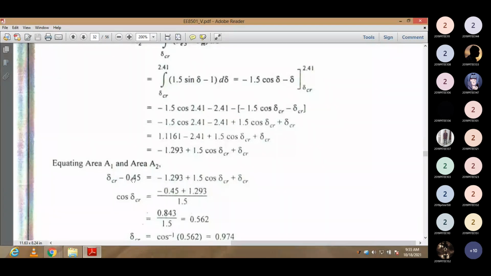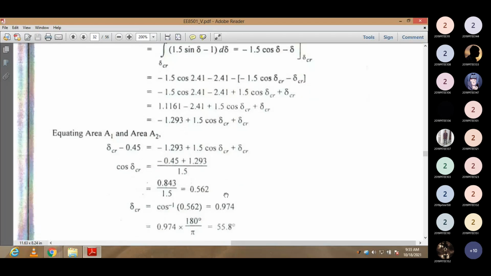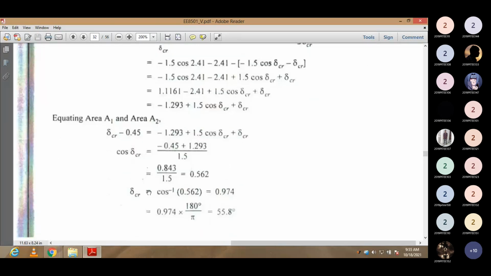Already we have minus 0.45. Here it is minus 1.293; if we move it to the left hand side, it's plus 1.293. The 1.5 value moves to the denominator. Correct. So cos del CR equals minus 0.45 plus 1.293 divided by 1.5. Simplifying, the value is 0.562. I need the angle or radians, so del CR equals cos inverse of 0.562.